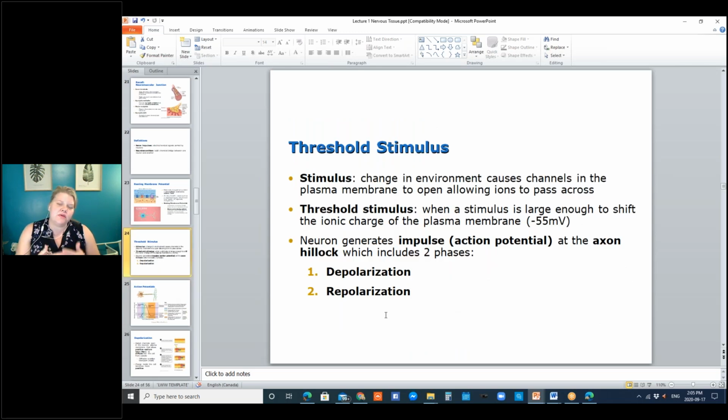Now, these words can get confusing because you have to kind of remember this. Depolarization is making the cell membrane more positive, and repolarization is bringing it back to negative. Ready? Depolarization makes it more positive. Repolarization brings it back to negative. So like minus 70 at the resting state.